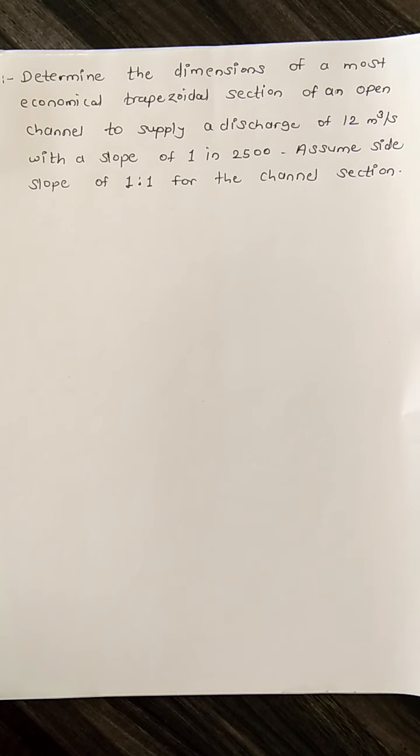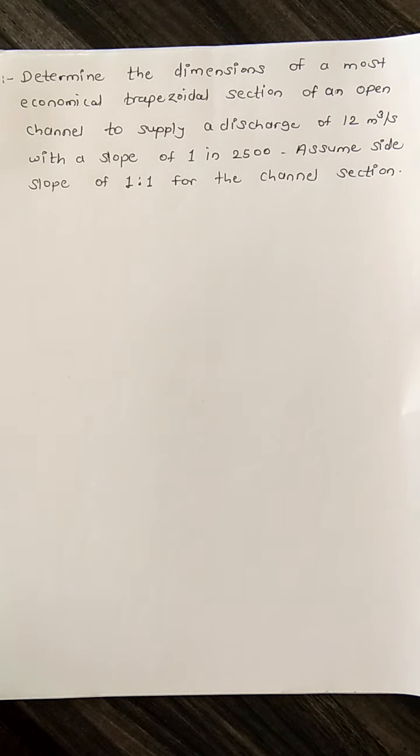Hello everyone. Today we are going to see the fluid mechanics second unit number 3 part A, that is fluid flow in open channels. In that, today we are going to see the problem related to determining the dimensions of a trapezoidal section of an open channel. Okay?